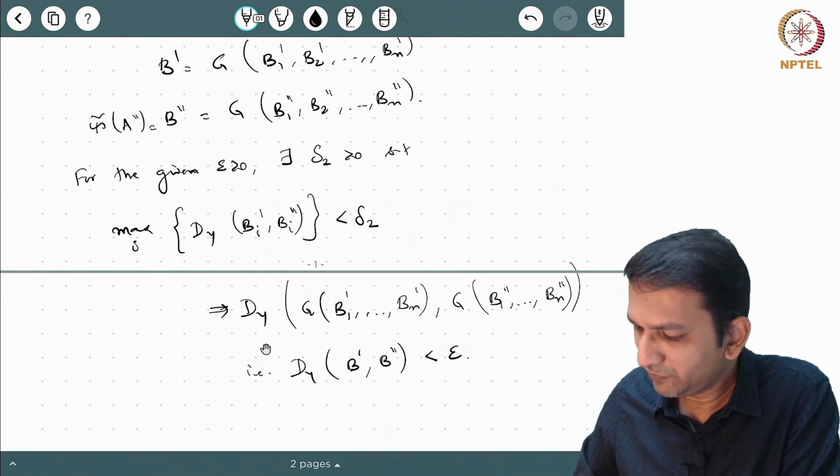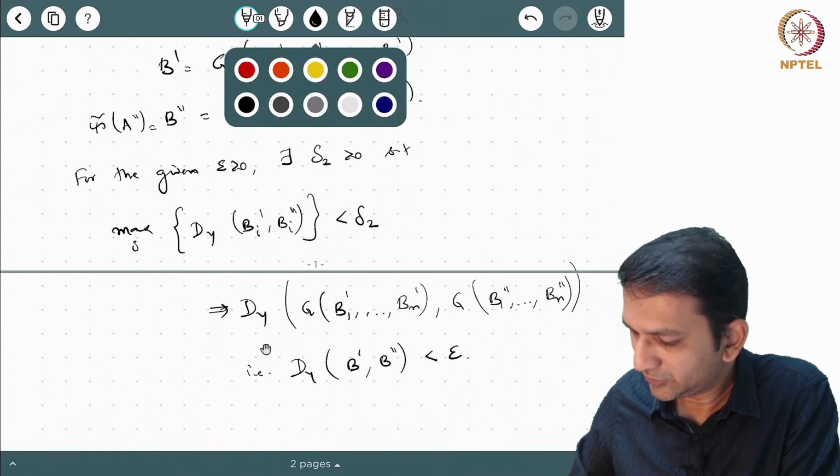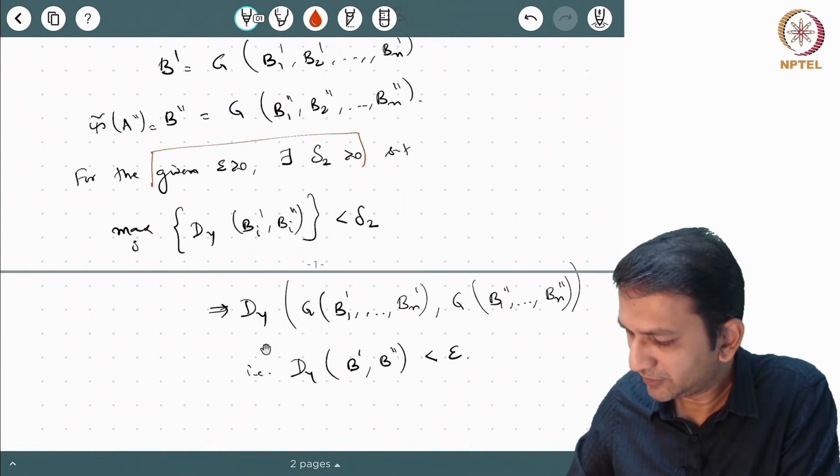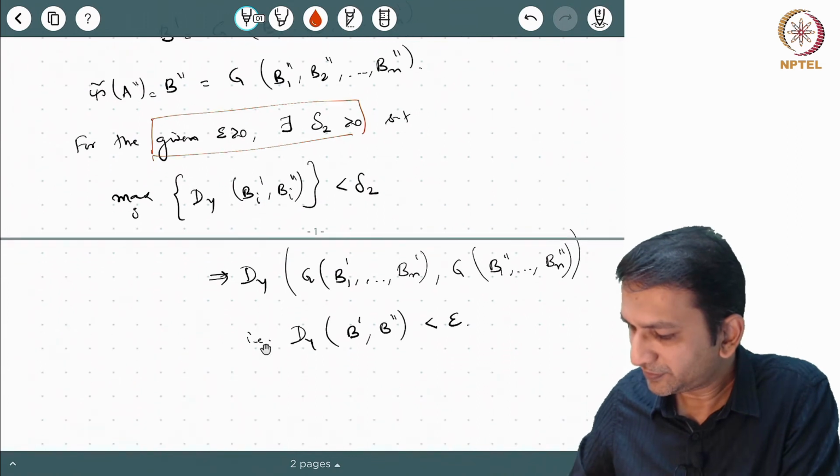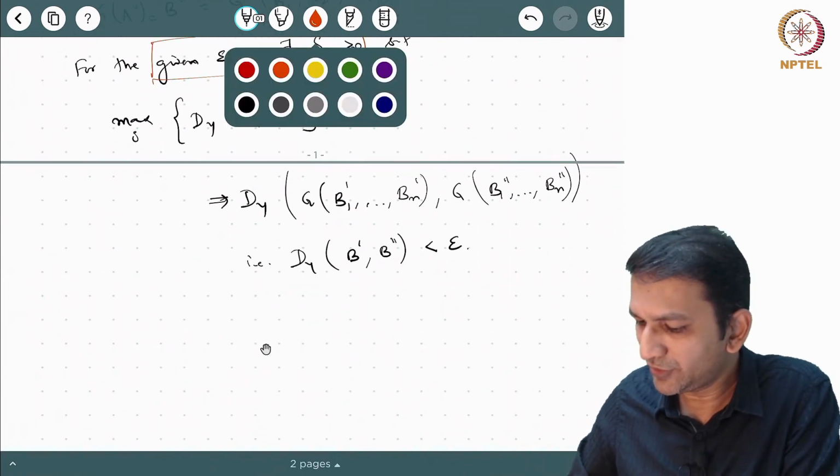So for a given epsilon, we know such a delta 2 exists, because of the continuity property of G.